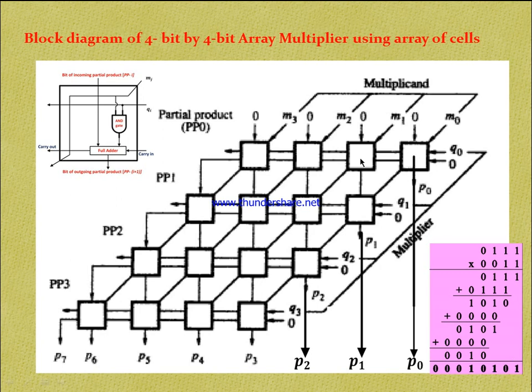Similarly for the second bit, Q0 is 1, and the multiplicand M1 is also 1, so the result will be 1. Now this 1 is the input to this next cell.